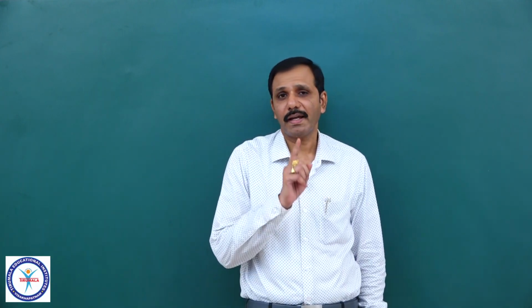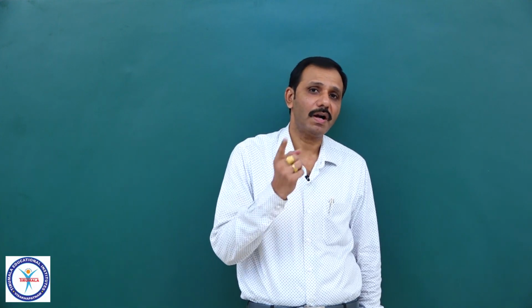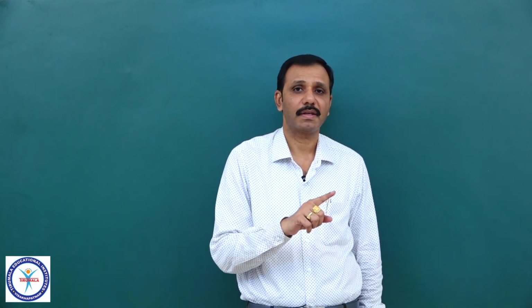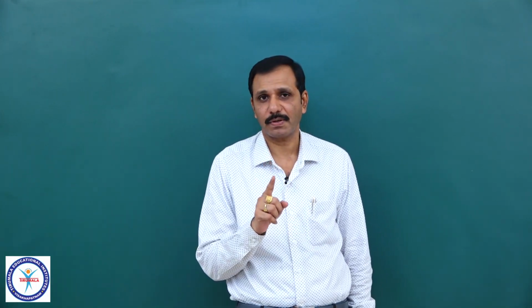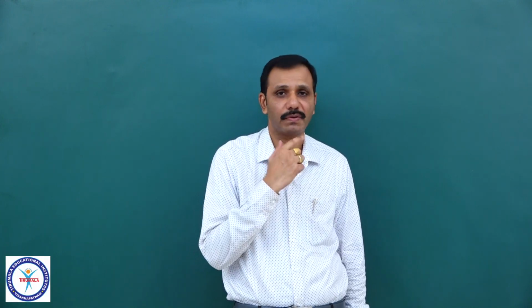That is, for a quadratic expression, if it has real roots, for what values of x that expression is negative, for what values of x it is positive, and for what values of x it is equal to 0, we have seen.